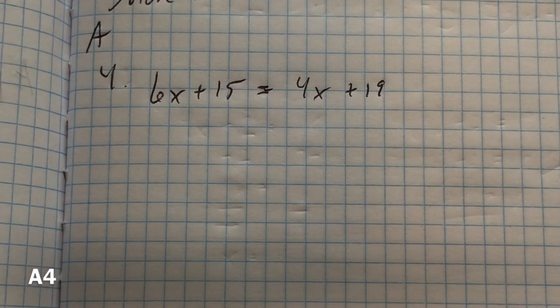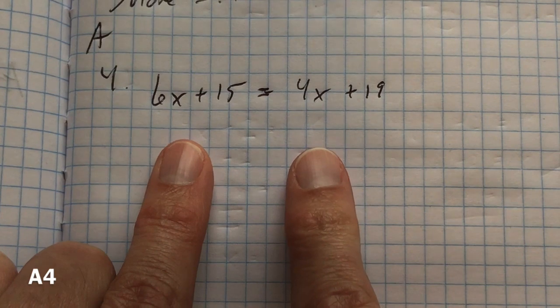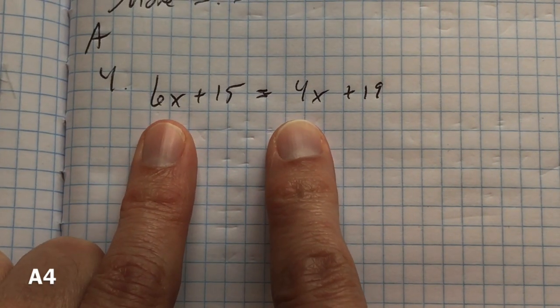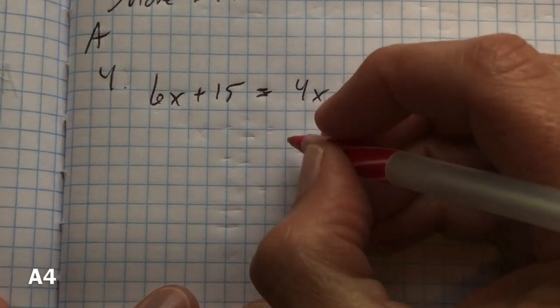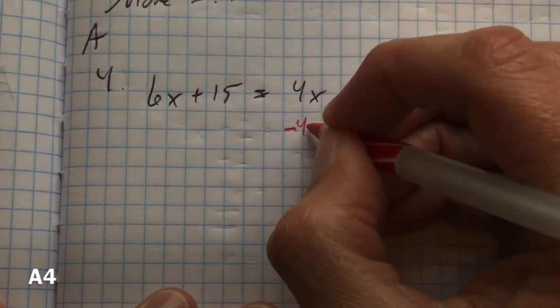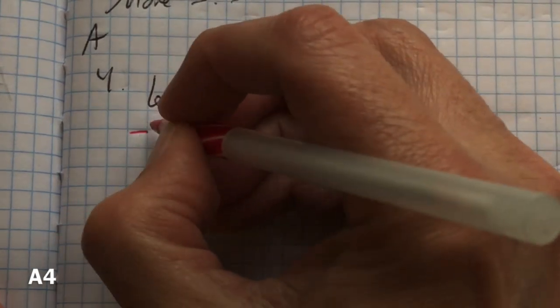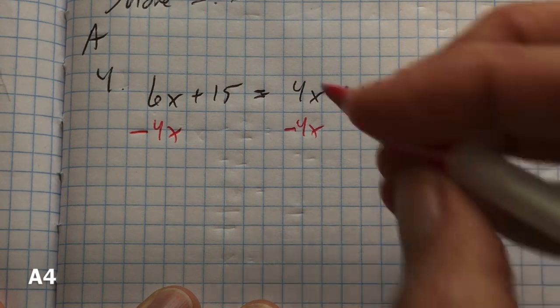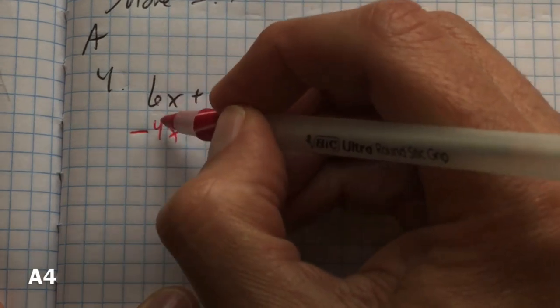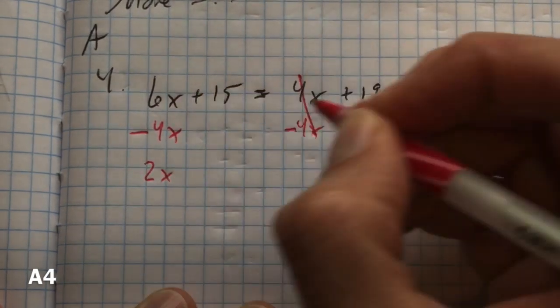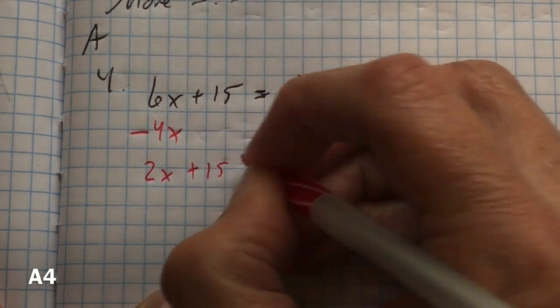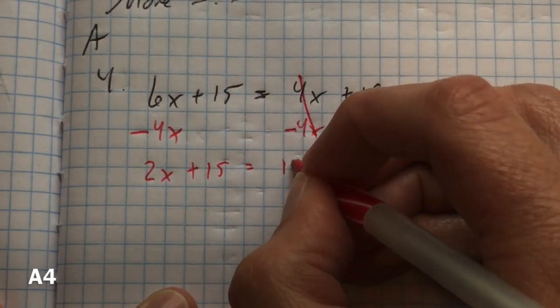So if you recall, the very first thing we did is we began to remove this work here. We got rid of the x's, right? So minus 4x and minus 4x. This was gone. 6x minus 4x is 2x. I'm going to bring down my plus 15, and then my 19 comes over.